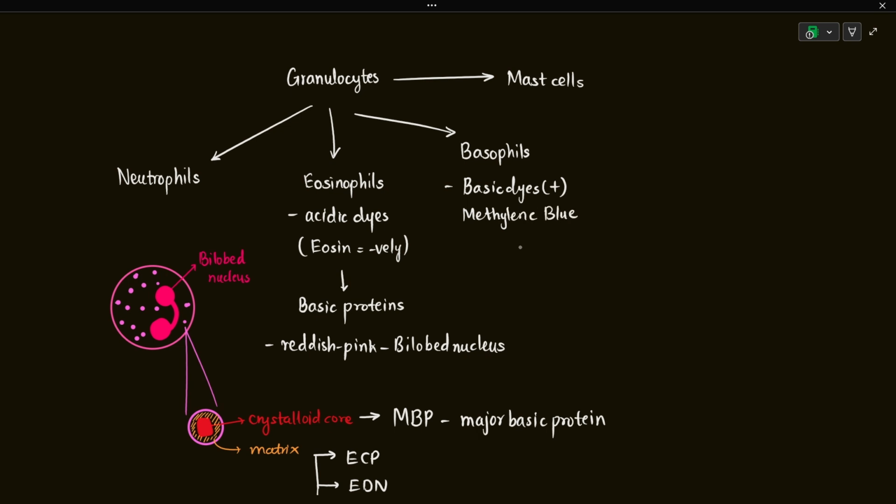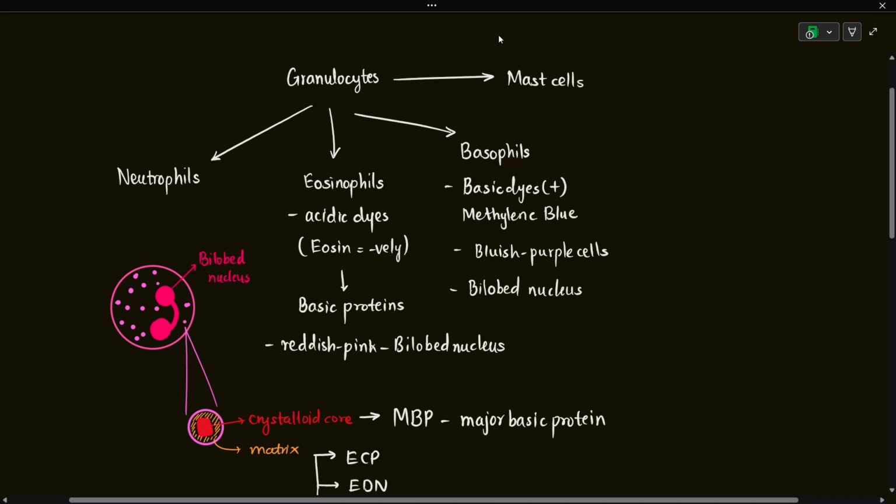It will result in bluish purple cells, which have a bilobed nucleus that somewhat looks like an S shape, and these are known as basophils. So basophils are also granulocytes, which are bilobed, just like eosinophils, but they can be dyed with the basic dyes such as methylene blue or the purple dyes, and that is why it results in a bluish purple cell.